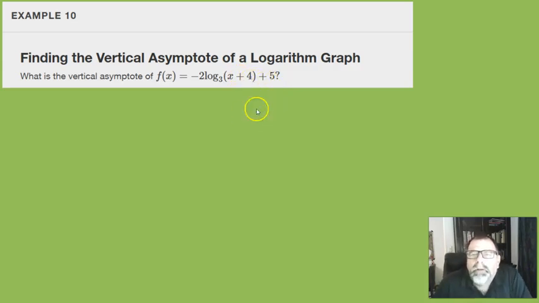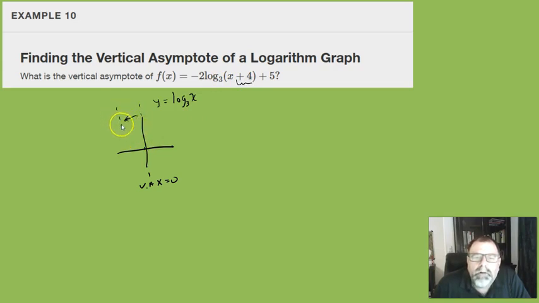So remember, if we think about the parent function, it's just log base 3 of x. Right? And then that one we know is going to have a vertical asymptote at x equals 0. And then the plus 4 is going to move it to the left 4. So now that's at x equals negative 4.